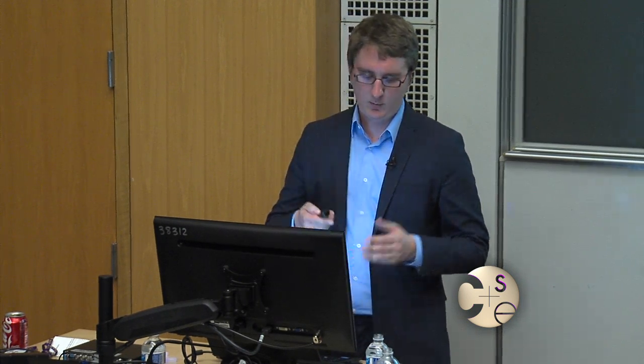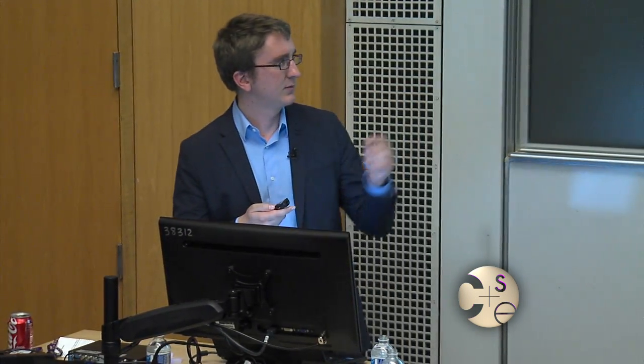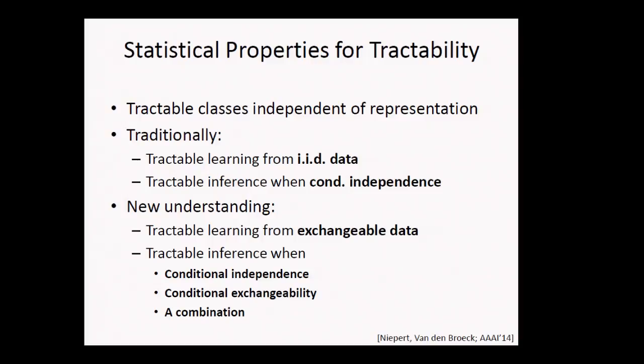And now, in this joint work with Matthias Niepert here at UW, we were wondering what are the properties of a probability distribution that allow us to do things efficiently. And like I told you, the traditional view in machine learning is that if you want to do tractable learning, you need IID data. And if you want to do tractable inference, then you need conditional independence, low tree width, and so on. Right? So this has been the predominant view.